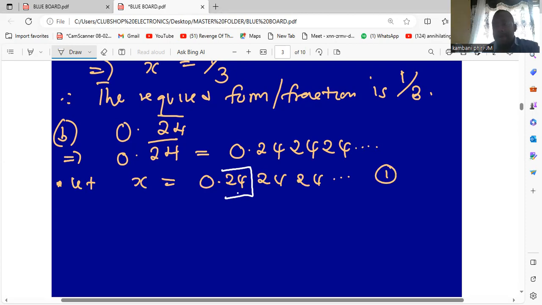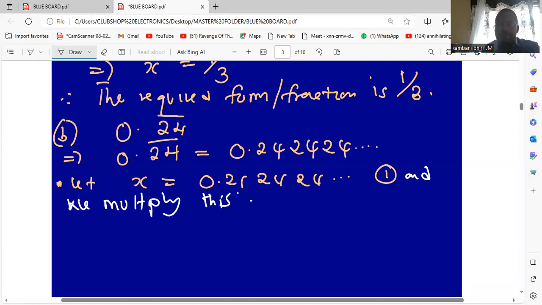So now, in other words, we must take this point to the right-hand side. So we need to move by 2 steps, implying that that can only happen if we multiply by 100. Okay? And we multiply this equation by 100.